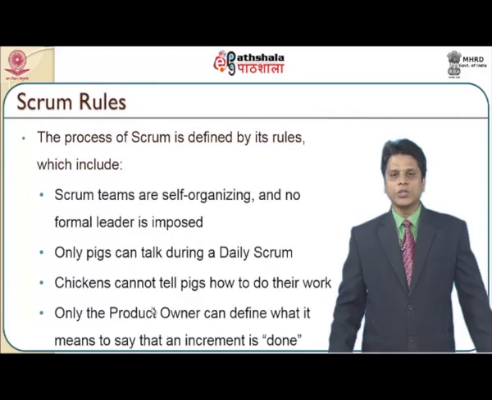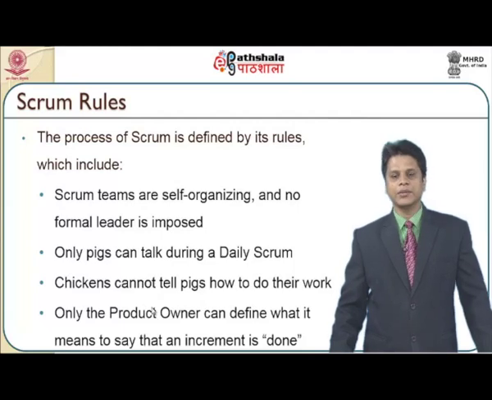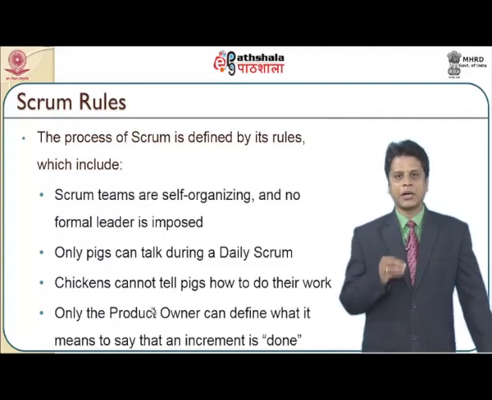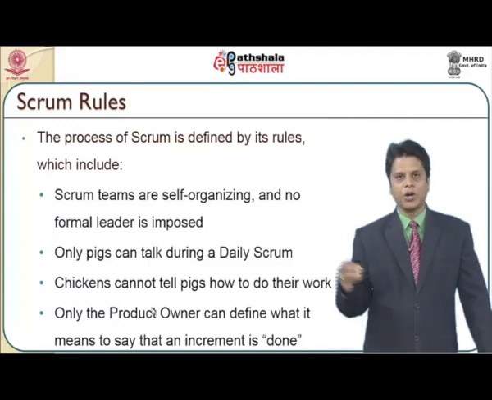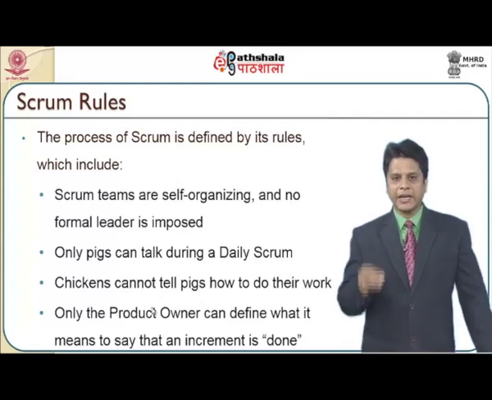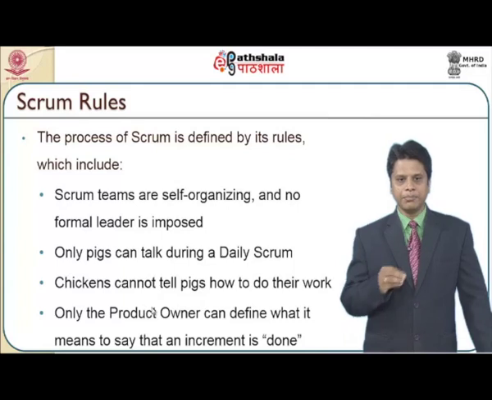Some of the standard rules that we may have to follow while practicing Scrum include: Scrum teams are self-organizing and no formal leader is imposed. As I have already mentioned, Scrum Master is not a formal role assigned to a specific person. Only pigs can talk during the daily Scrum.